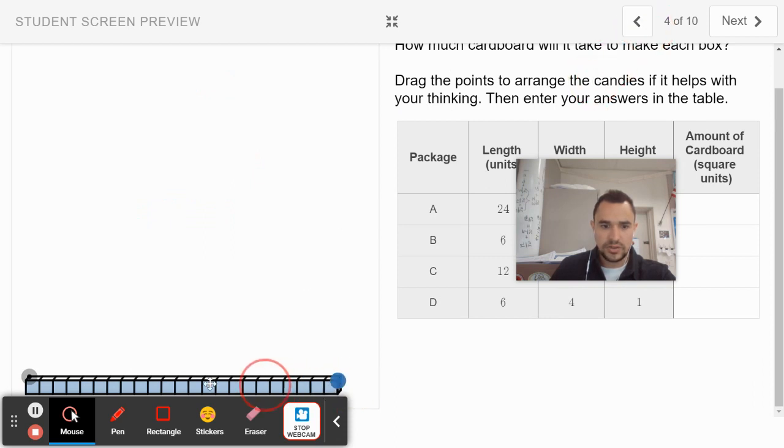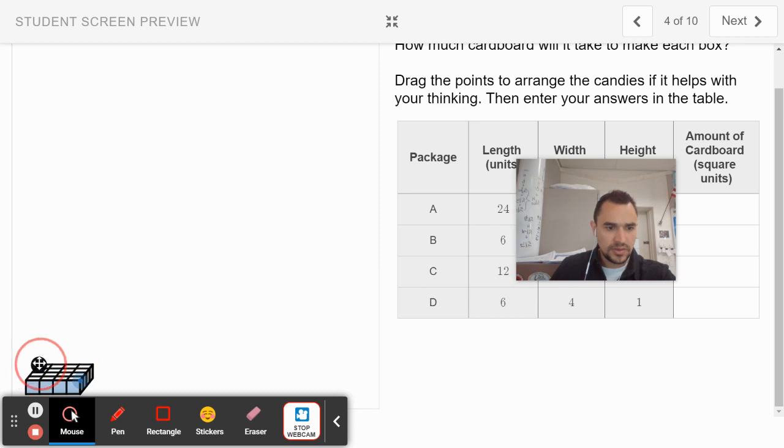So I wanted to do 4, 3. So that's 4, 8, 12, 24. So it's 1, 2, 3, 4 on the side, 2 atop. So that's 4, 8, 12, 16, and then 24. There.